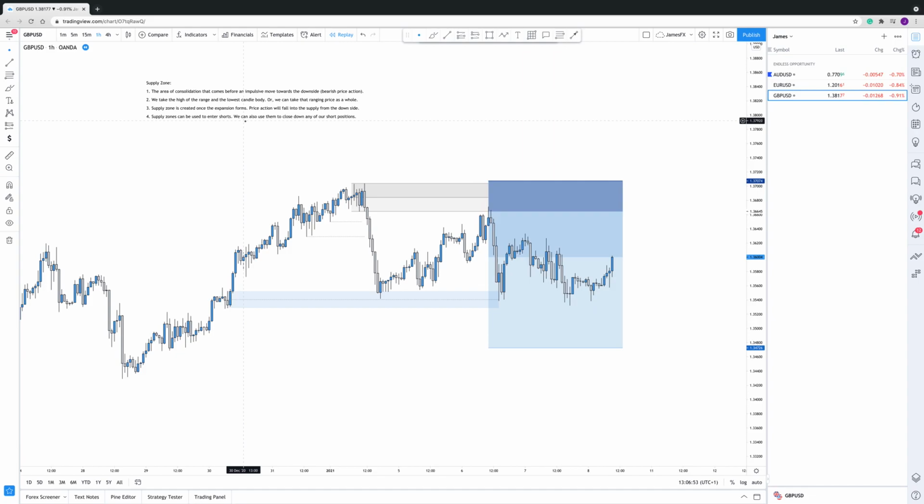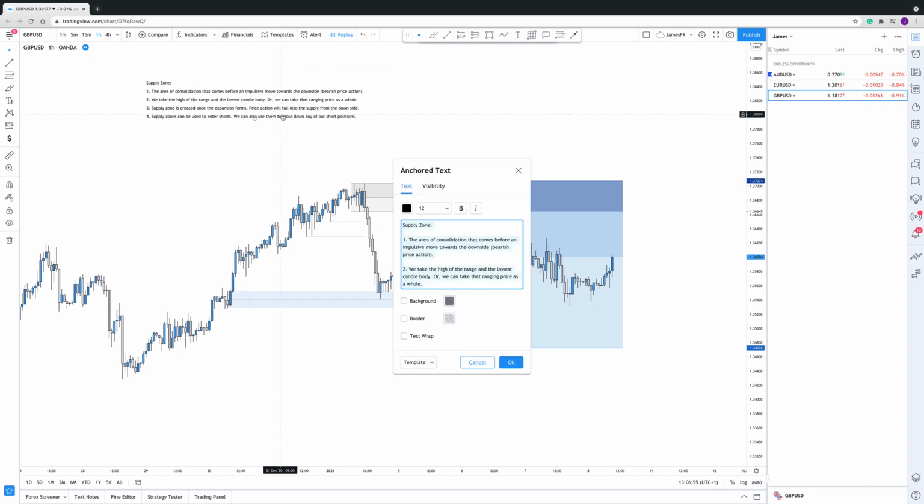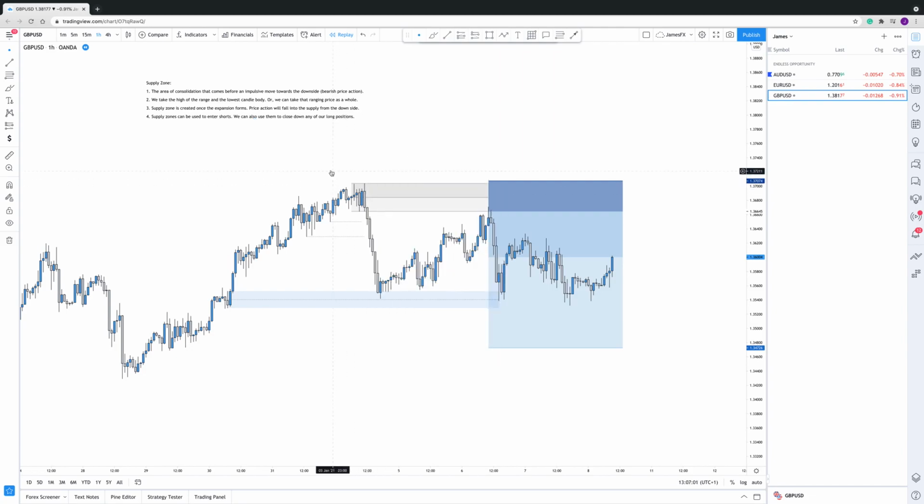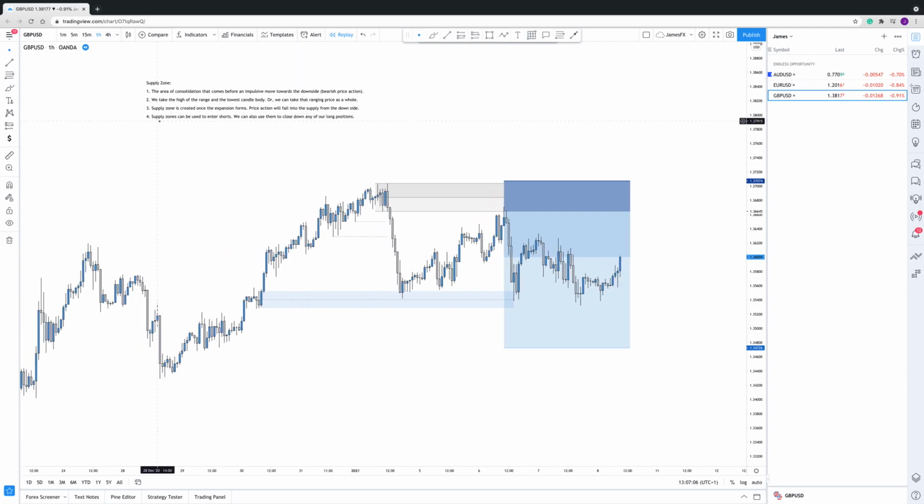We could also use them to close down any long positions. Long, not short. Okay, so again, just if you're a bit confused because I didn't update this, supply zones can be used to enter shorts as we push back into it. We can also use them to close down any of our long positions.